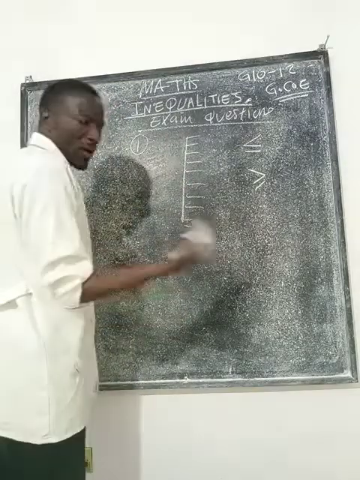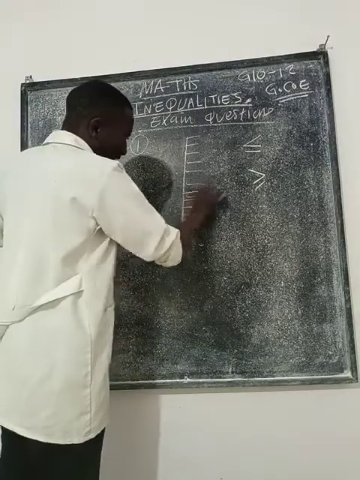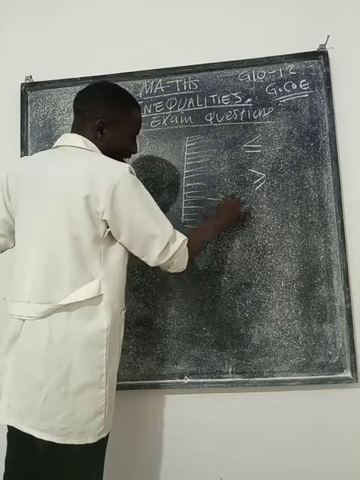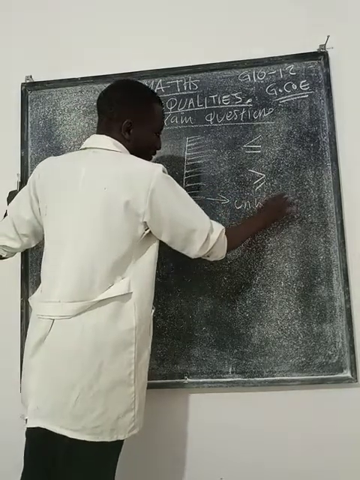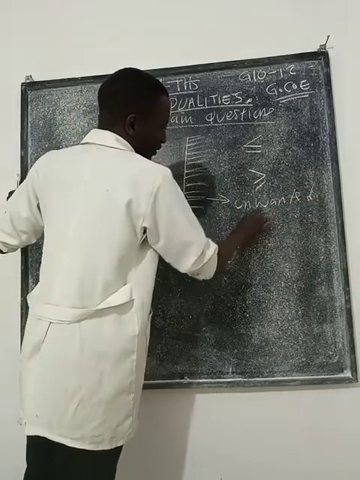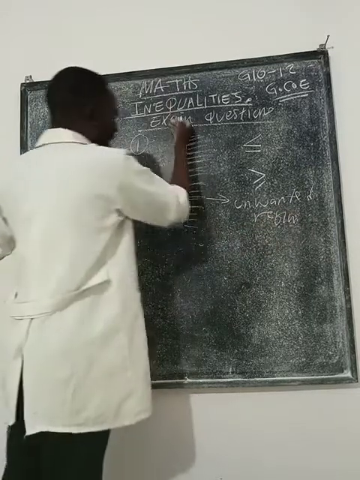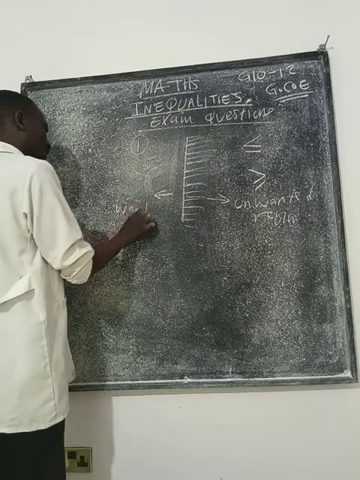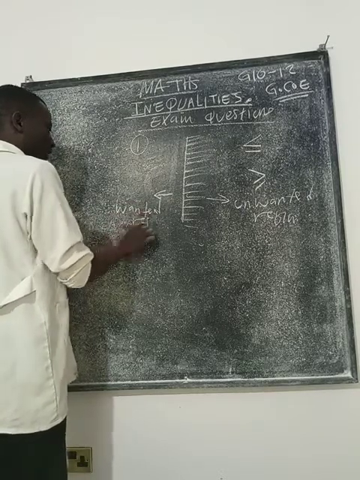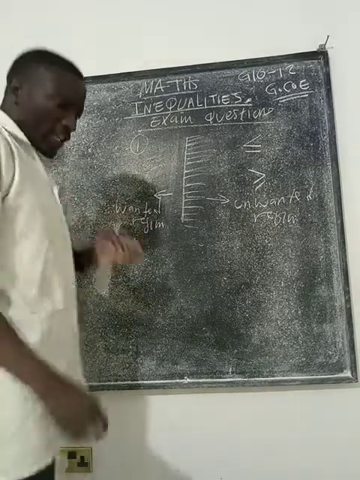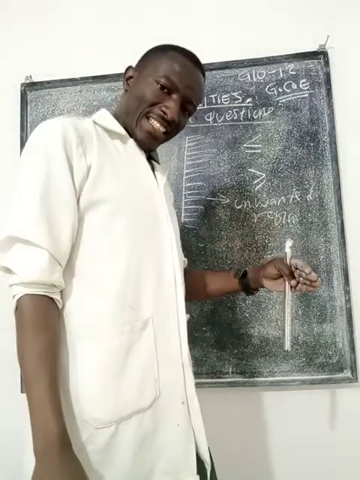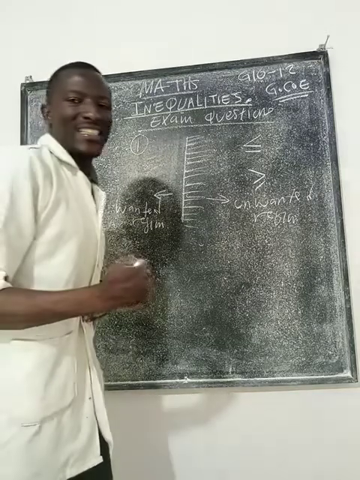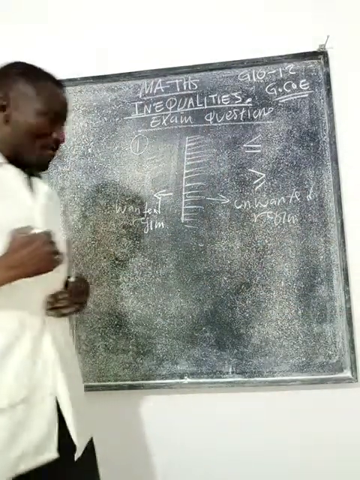And which side is unwanted? The shaded region is the unwanted region. Where it is plain, this side, it is the wanted region. So you have to check, is your wanted region on less numbers, or is your wanted region on greater numbers?